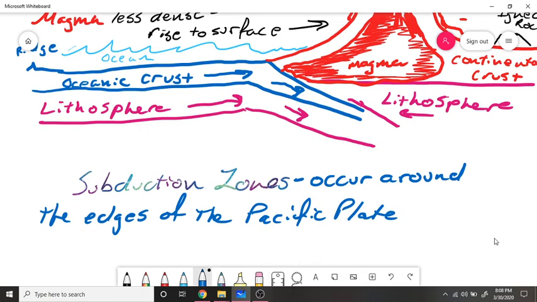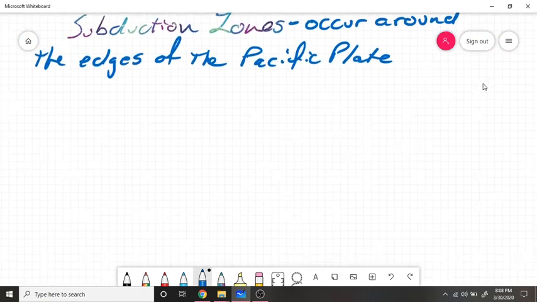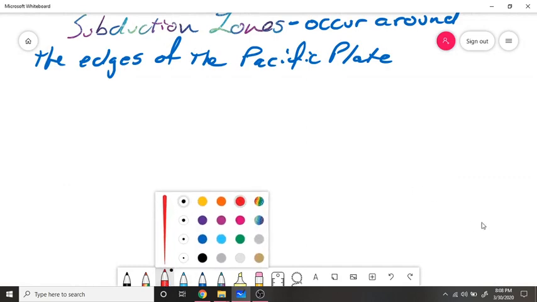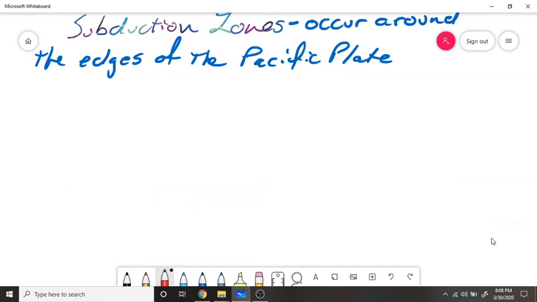And you might have known this already because you might have actually heard of it. It's called the Ring of Fire.